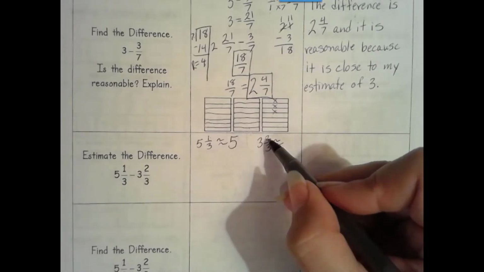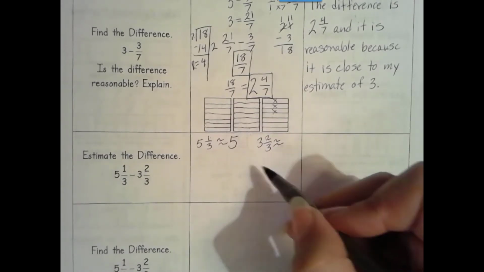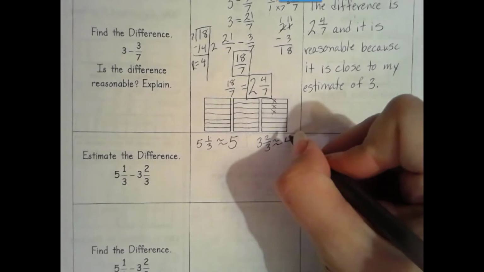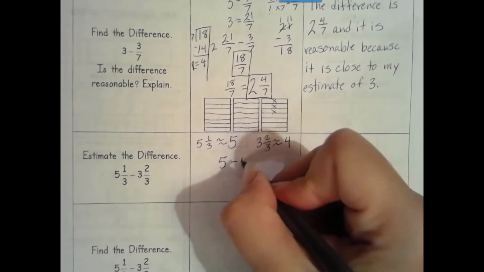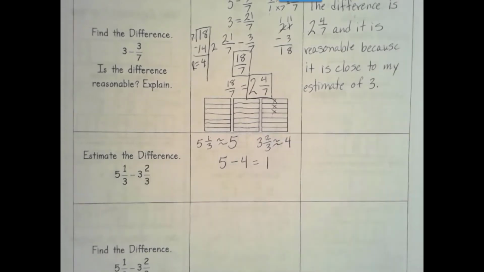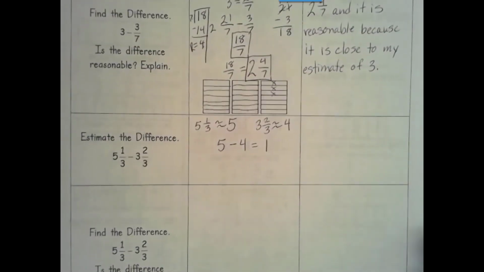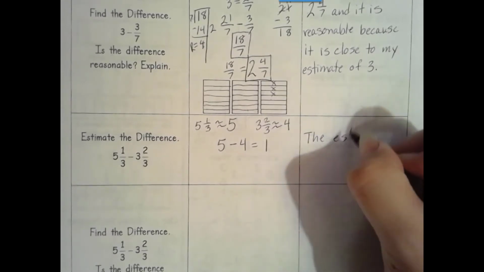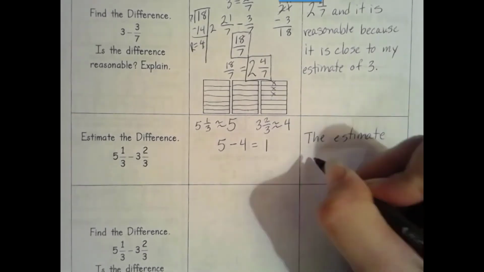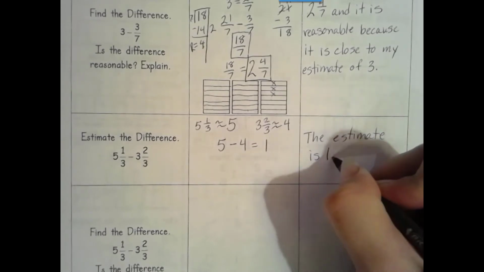This is more than 1.5. So it's closer to being 4. So 5 take away 4 is 1. The estimate is 1.